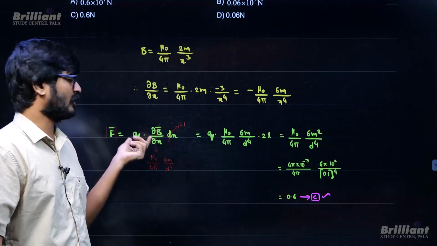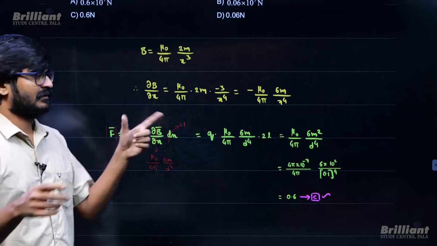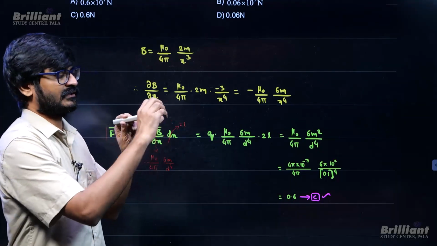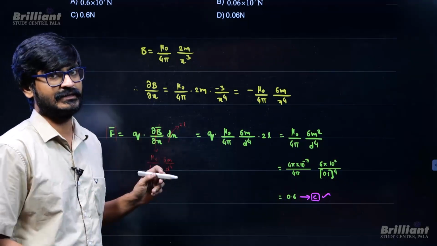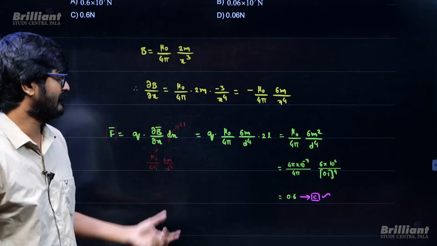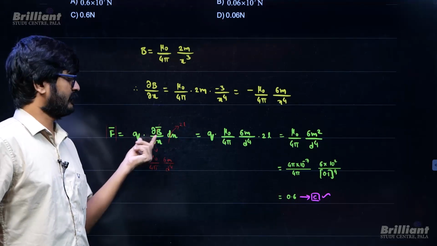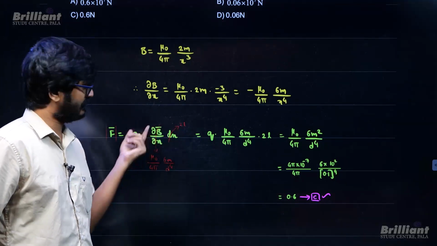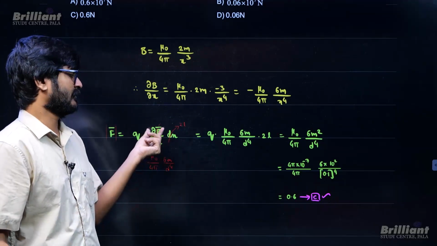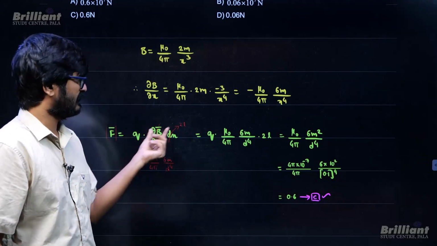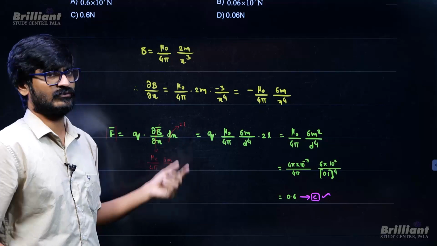Anyway, if you want to do it properly, if there is a dipole, you need to find the force on this pole and the force on the other pole, and add them vectorially; scalar-wise you will be subtracting them. It will turn out to be q into B2 minus B1, which is going to be ∂B/∂x into dx. And what is dx?